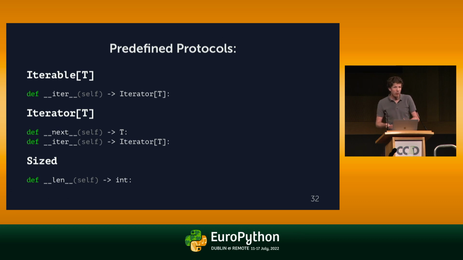For an Iterator, these were the dunder next and dunder iter methods. For Sized, this is the dunder len. So now, since Python 3.8, these are actual protocols, but before that time, those were sort of not really protocols, but behaved at least like those.